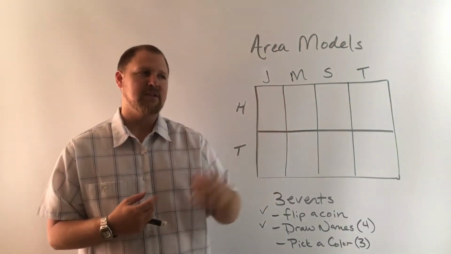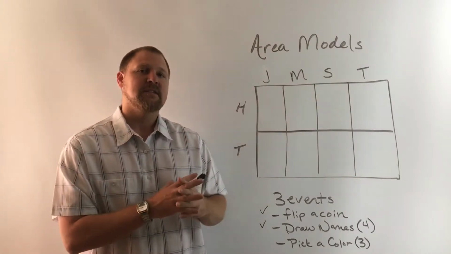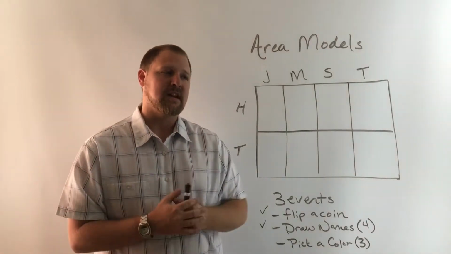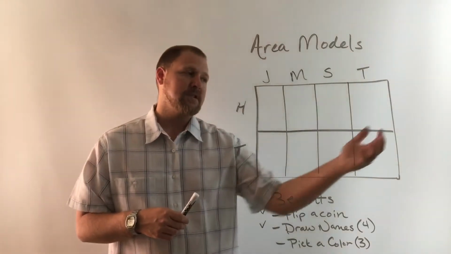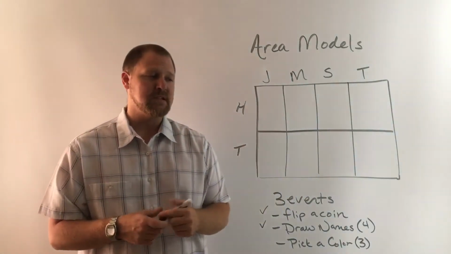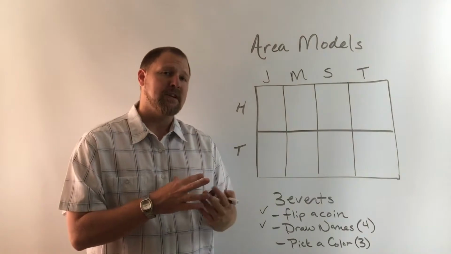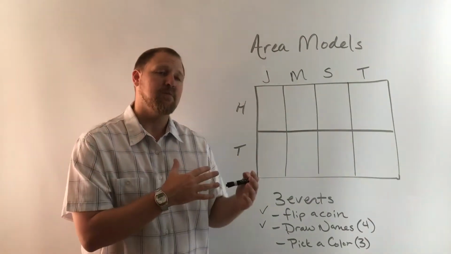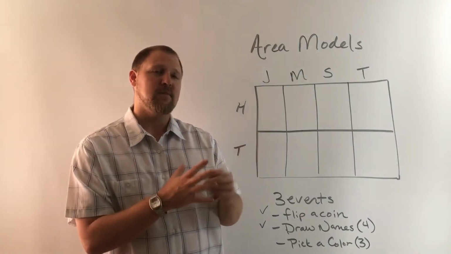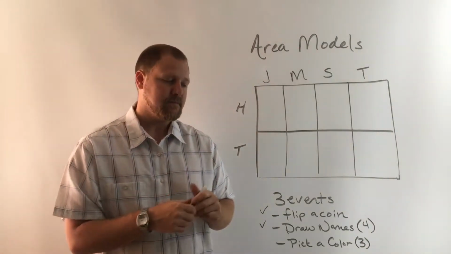So that's how they would have to calculate the area in this type of situation. However, we're not quite done. And we have 4 sides of this rectangle, which means when you do 4 events, it's relatively easy. But once you get beyond 4 events, using an area model starts to get pretty tough.